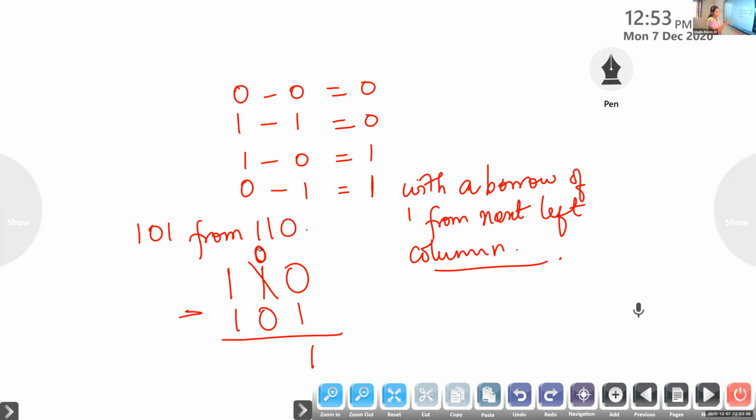We will be reducing that value by 1. So it will become 1 minus 1, it is 0. Now what is 0 minus 0? It is 0. Now what is 1 minus 1? Is it okay? So the answer is 1 to the base 2.